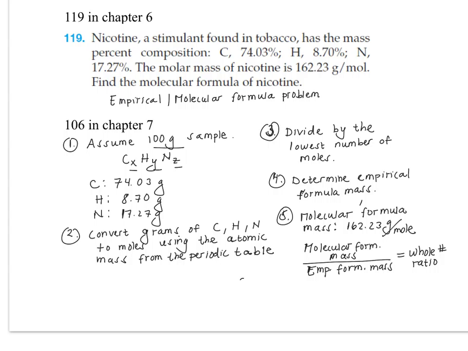So if you have your empirical formula in this form, you're going to multiply by that whole number ratio to get your molecular formula. Okay, so these are your steps for approaching this problem.